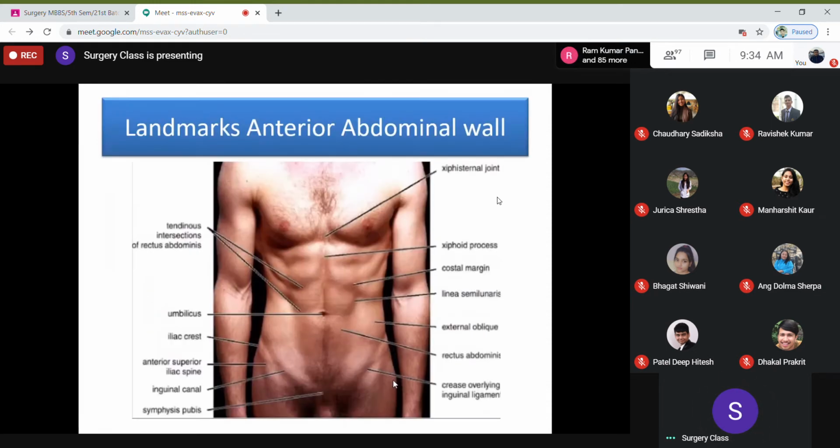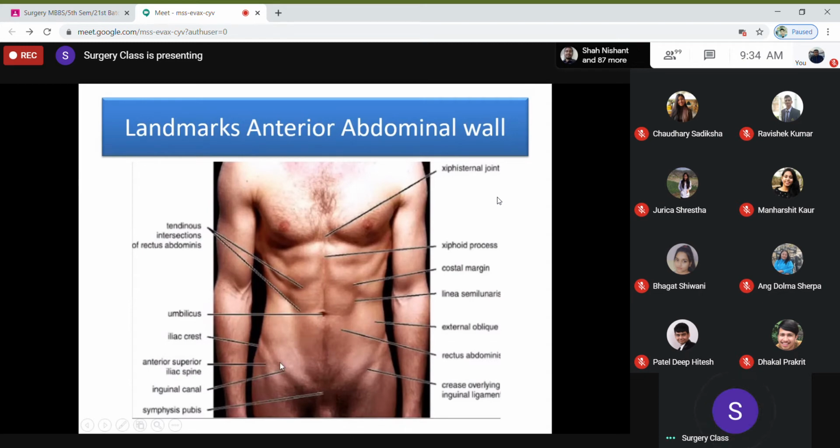If you see the landmarks of the abdominal wall, there is the xiphisternal point, the lowest point of the xiphisternum, and the linea alba coming vertically from the xiphisternum to the symphysis pubis. In between is the umbilicus, and laterally you see the costal margins and the abdominal muscles.